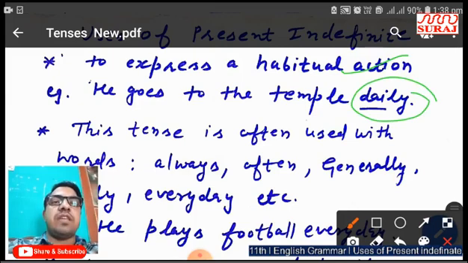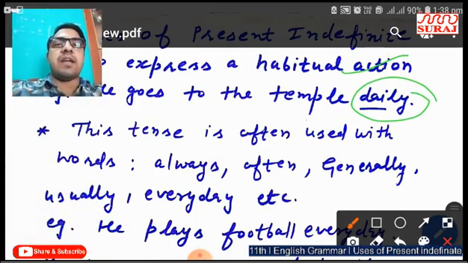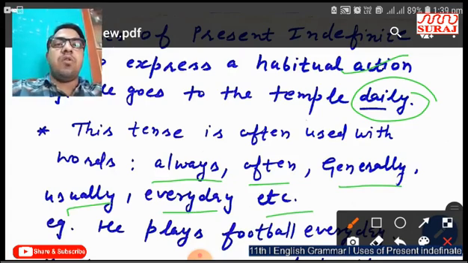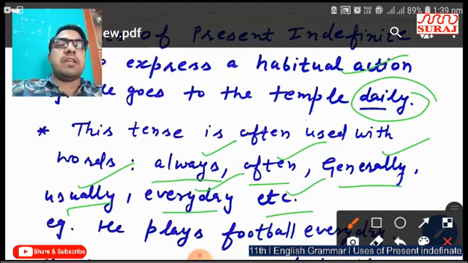In this sentence you can easily find that a habitual action is described. Now the second rule, the second use of present indefinite. This tense is often used with words like always, often, generally, usually, every day, etc. When we find any word from these, in that case we should use present indefinite.